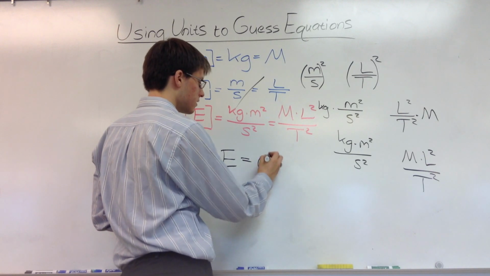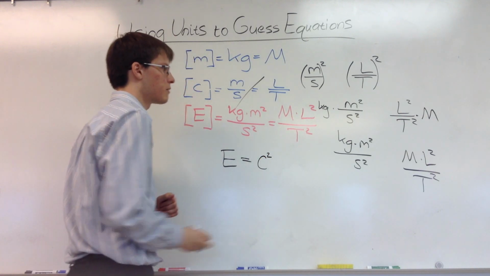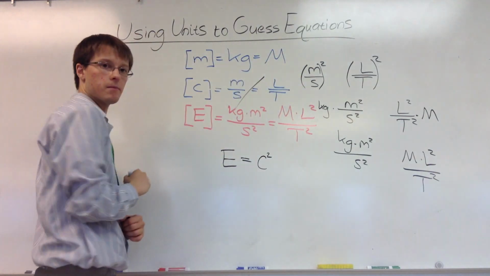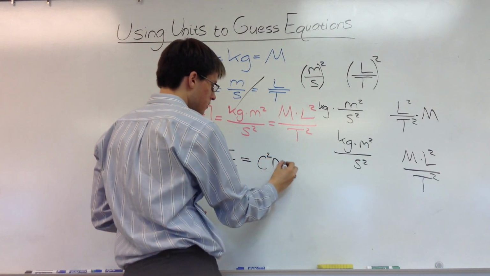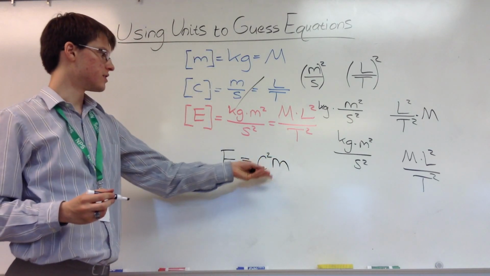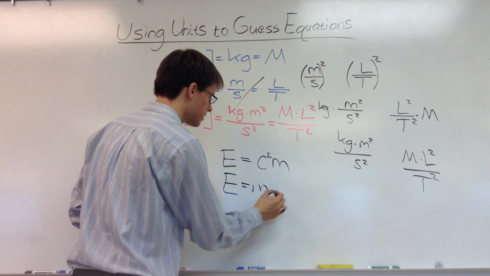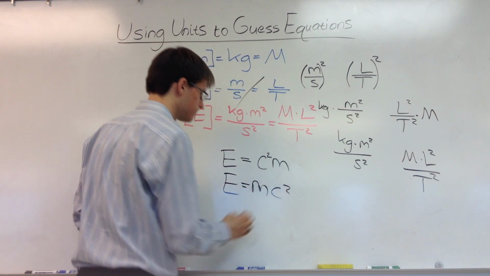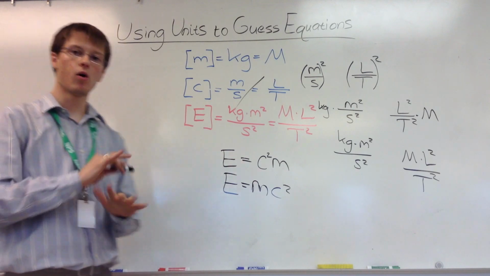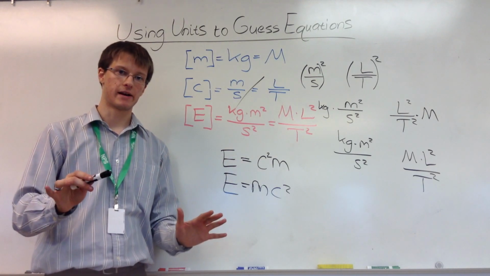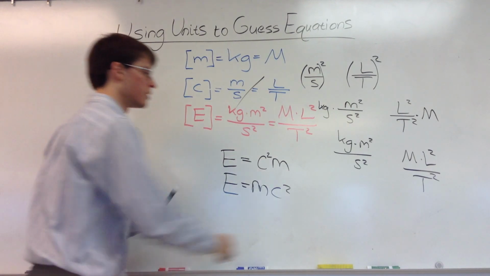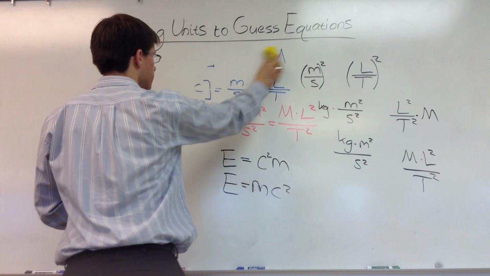So we took c, and we squared it, and we multiplied it by m, by mass. So E equals c squared m. More commonly, you've probably heard of it as mc squared. E equals mc squared. That's all there is to it. You're done when you get there. Let's do a few more examples, though, to make sure that this is clear.